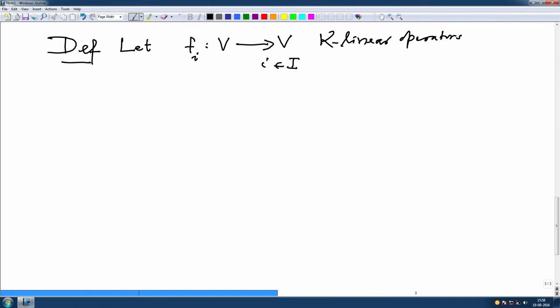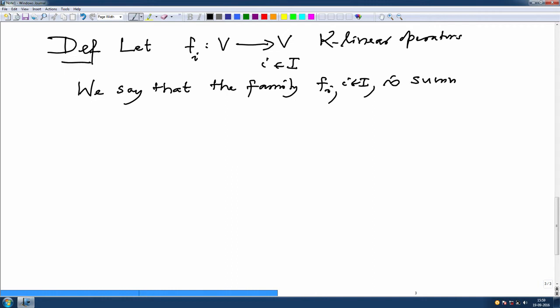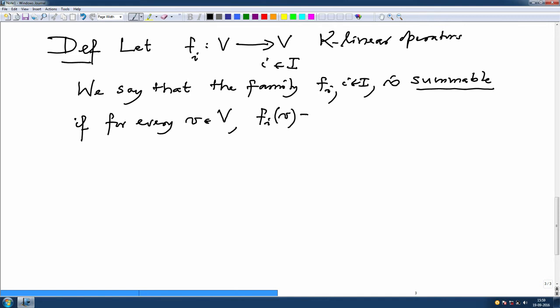Then we say that the family Fi, i in I, is summable if for every v in V, Fi v is 0 for almost all i.